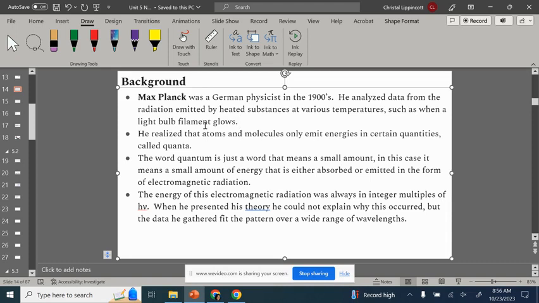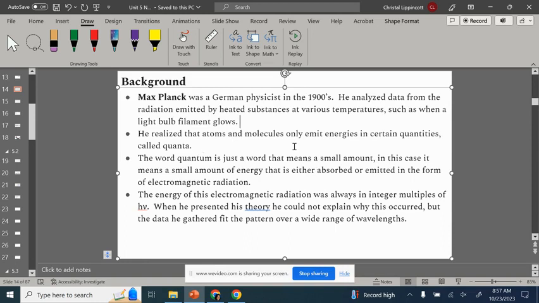If you've got an electric stove with the coils on it that glows, even the glass top ones, it kind of glows from the heat. And he realized that atoms and molecules only emit energies in certain quantities, or quanta. And he used the word quantum to mean that small amount.